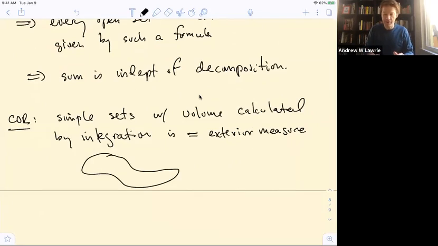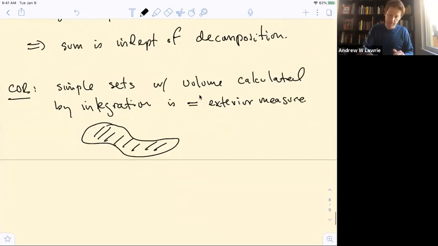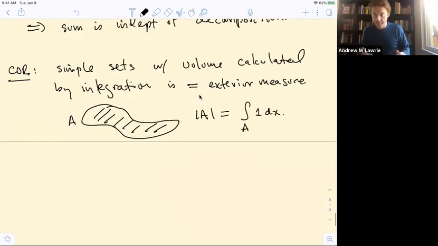So remember, in calculus, you can compute the volume of sets like this by integrating the function 1 over this domain, the integral over A of 1 dx.